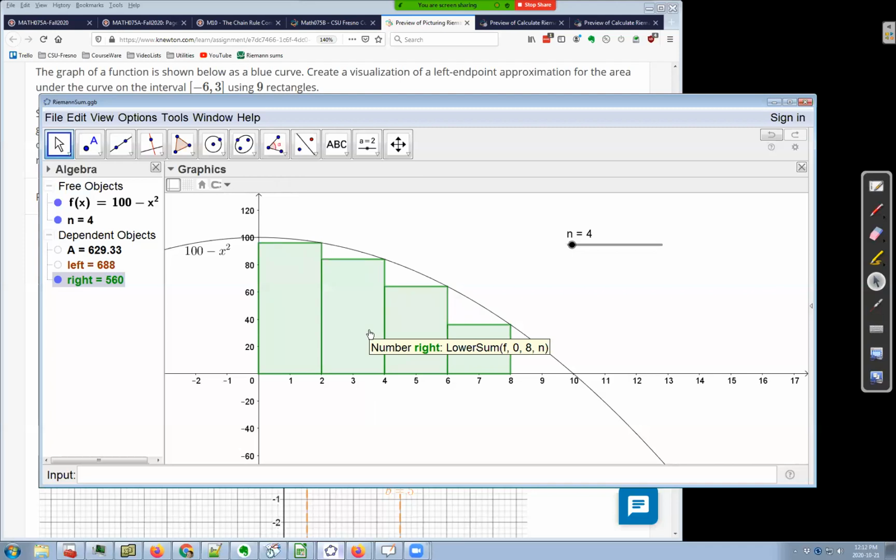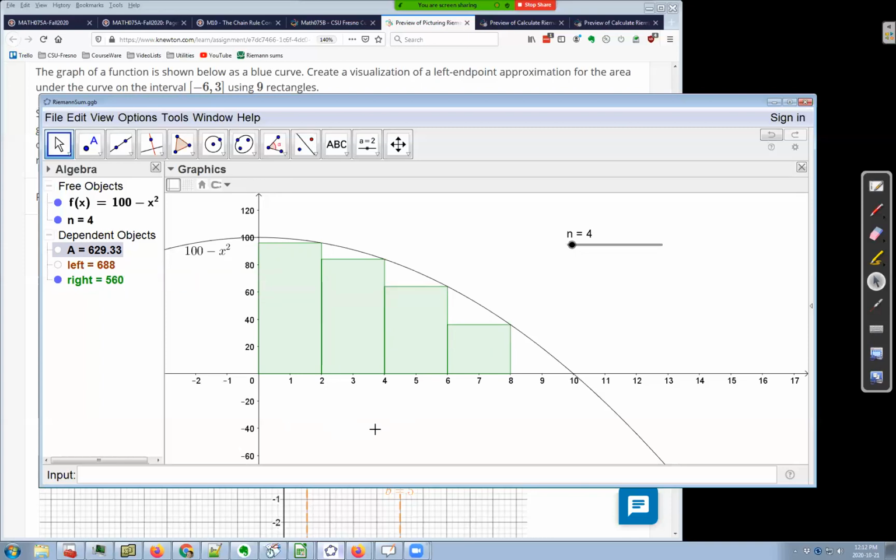I want you to think to yourself, okay, the area under the rectangles is not really what I want. I really want the area under the curve, but at least in the short term, this is what I'm gonna have to settle for. Because at least they're close, right?